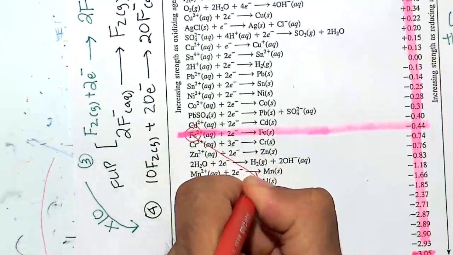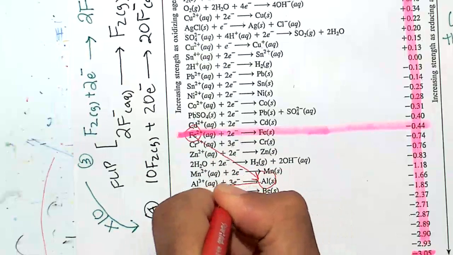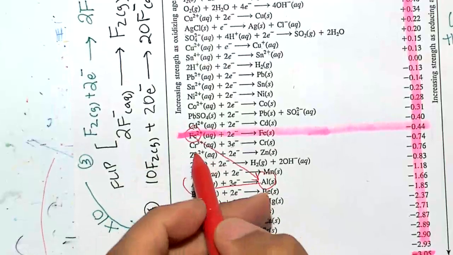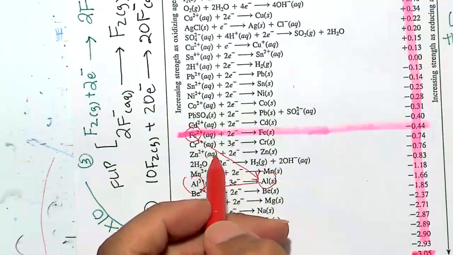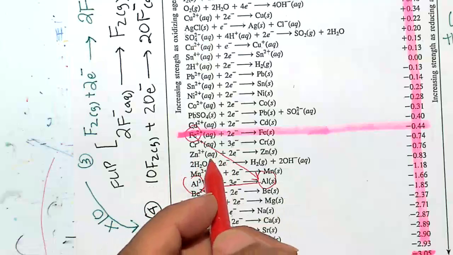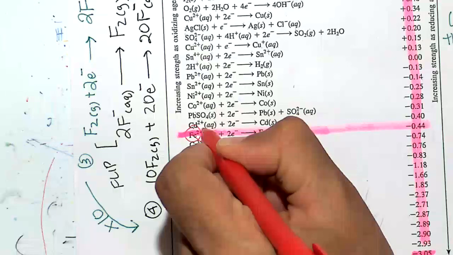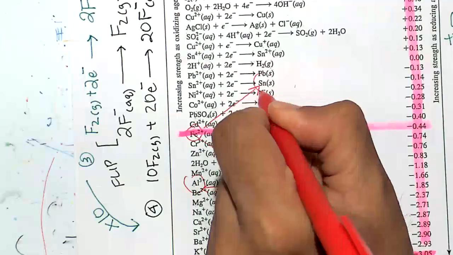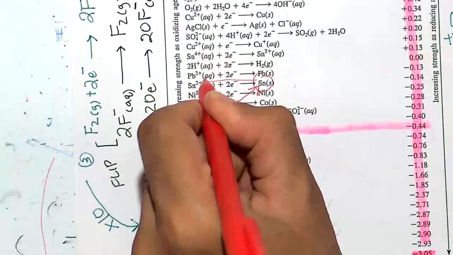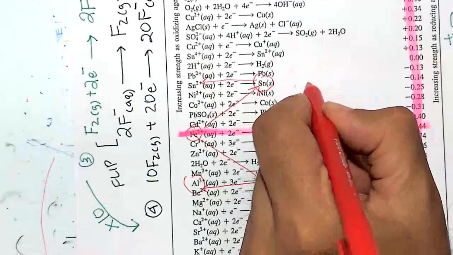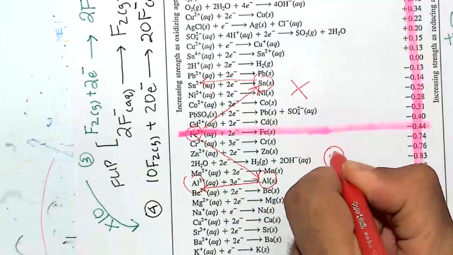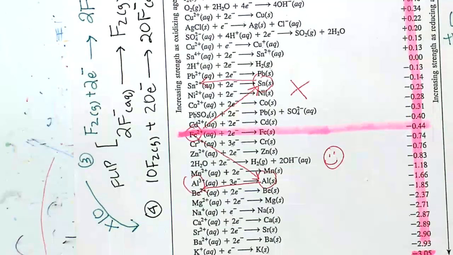Anything beneath it can get oxidized. So Al can be oxidized to Al plus 3 by Fe plus 2. Fe plus 2 gets reduced. But Fe plus 2 cannot, and will not oxidize Sn into Sn plus 2. It cannot. Pick one, anyone, anything beneath it gets flipped.